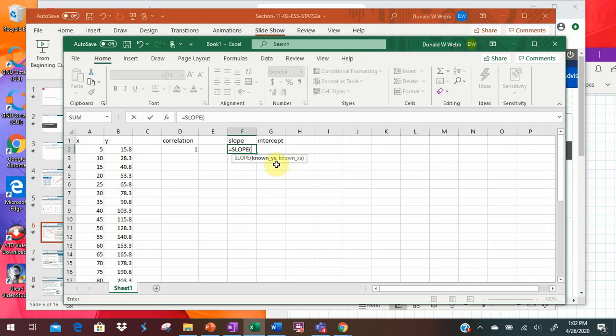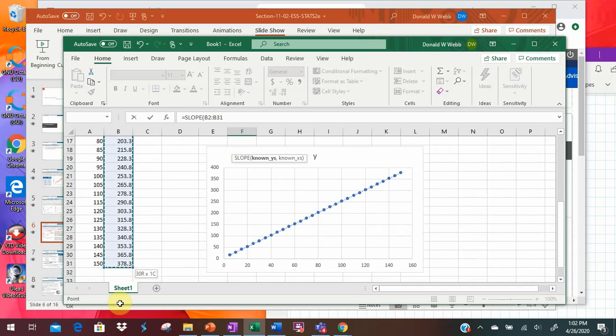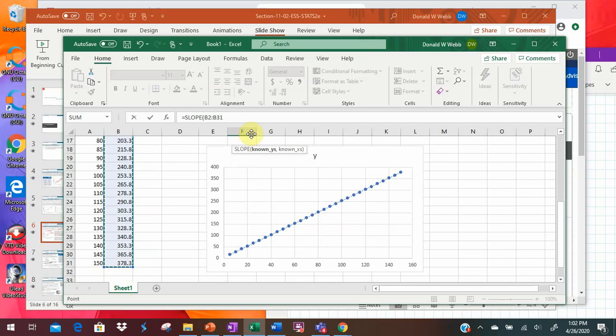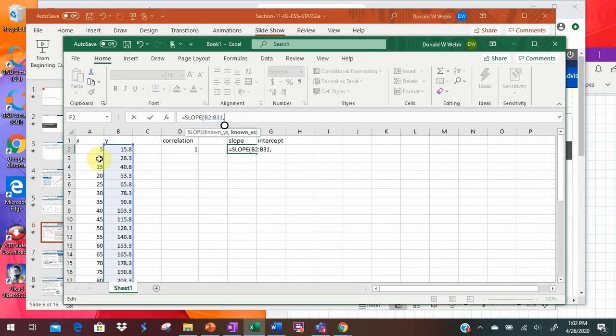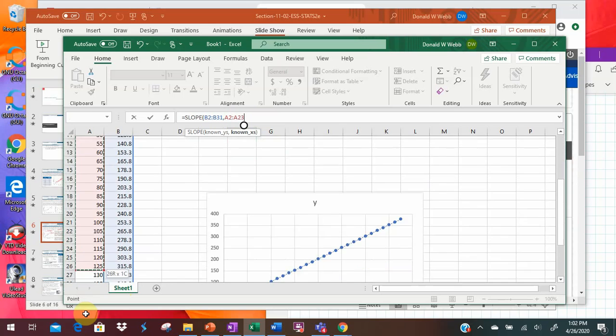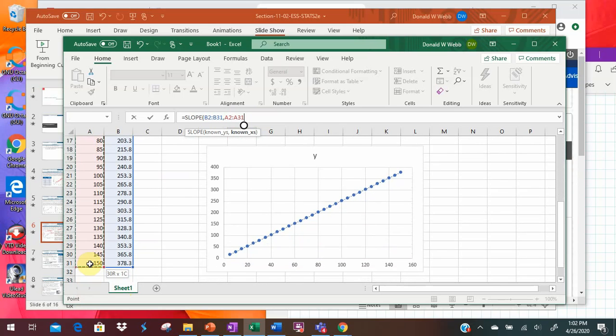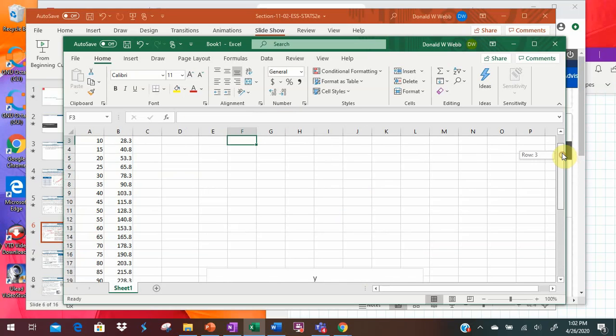I click on that, the known y's, the known x's. So here, I need to put this in first, the known y's, comma, the known x's, and if we go back up here, that's our slope.